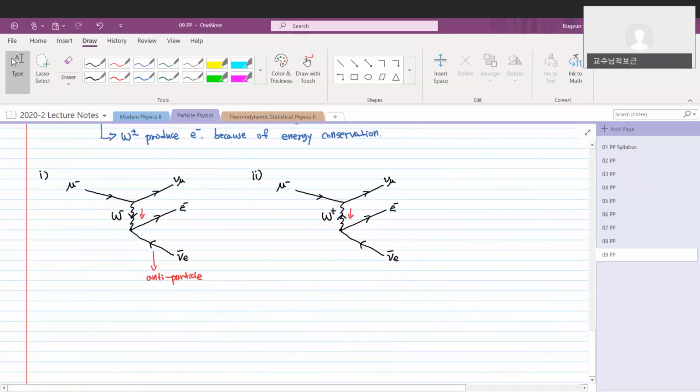And after that, such a wiggled line lives a very short time. So the W plus minus boson finishes its work, then disappears because it is a very unstable particle.